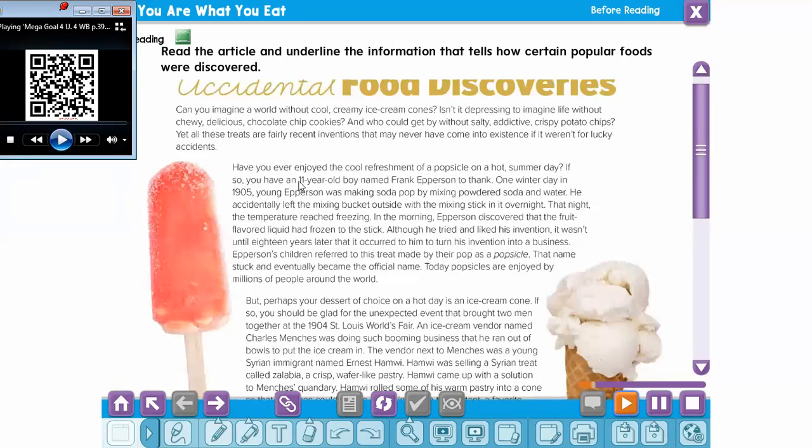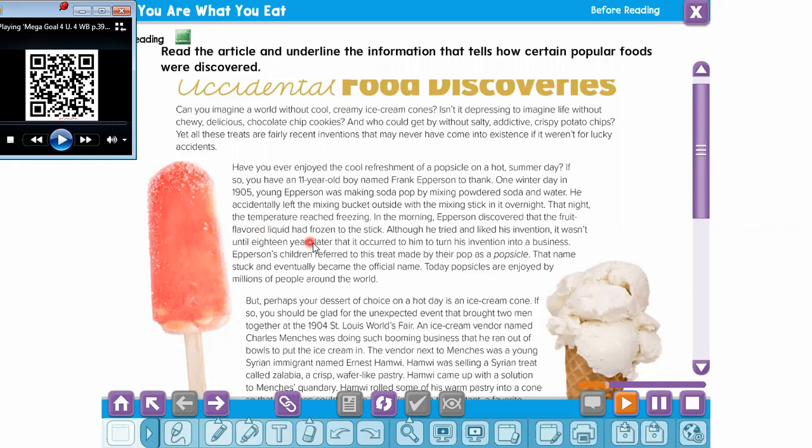If so, you have an 11-year-old boy named Frank Epperson to thank. One winter day in 1905, young Epperson was making soda pop by mixing powdered soda and water. He accidentally left the mixing bucket outside with the mixing stick in it overnight. That night, the temperature reached freezing. In the morning, Epperson discovered that the fruit-flavored liquid had frozen to the stick.